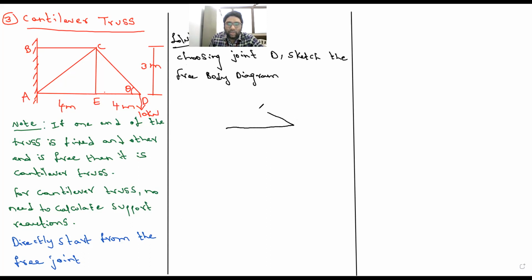Okay. Now, see all of you. What is this? Tension. What is this force now? FDC. What is this? FDE. And downward we have 10 kilonewton. And this is theta. Now, tan theta is equal to opposite side, that is 3 meter, by adjacent side 4.